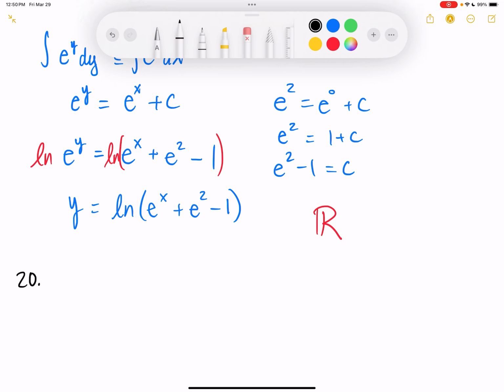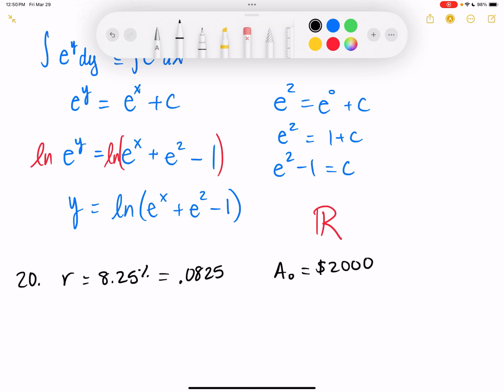So 20, they give us the percentage rate in the actual problem of 8.25%, which as a decimal is 0.0825. The amount that we start with initially, the A sub 0, is $2,000.